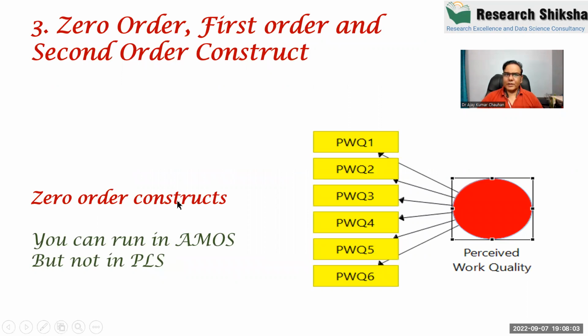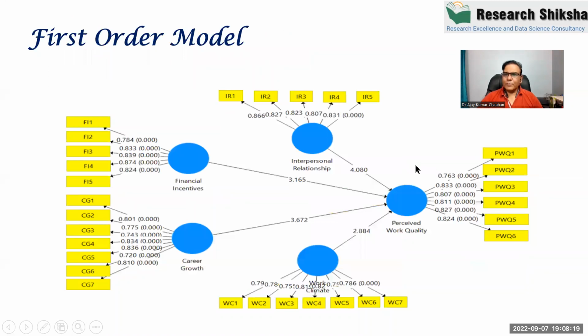Then we discuss the zero order, first order, second order, and this topic we discuss in much detail. So just a one-line definition. Any construct which is represented by its items is called zero order. Any model where there are two or more zero order constructs is called a first order model.